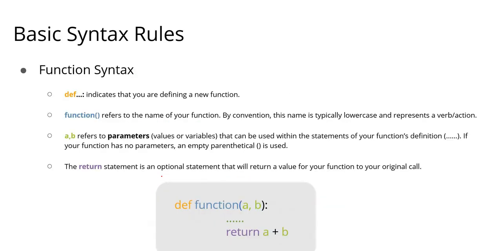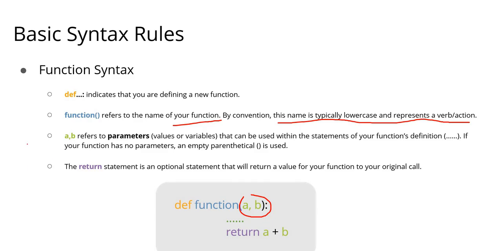Another is function syntax. The def indicates that you are defining a new function. Function refers to the name of your function, and by convention this name is typically lowercase and represents a verb or action. What are a and b? A and b refer to parameters, which are values or variables that can be used within the statement of your function's definition.